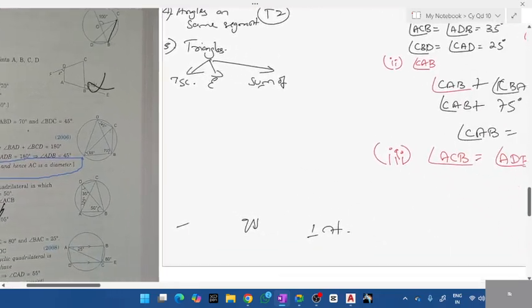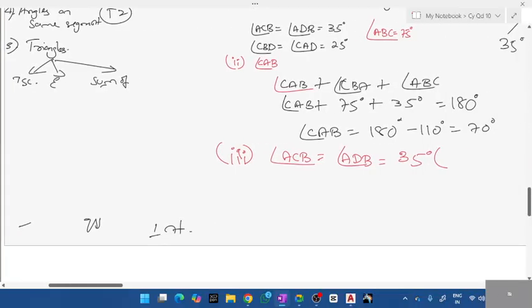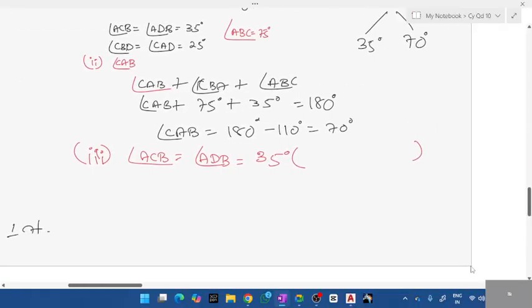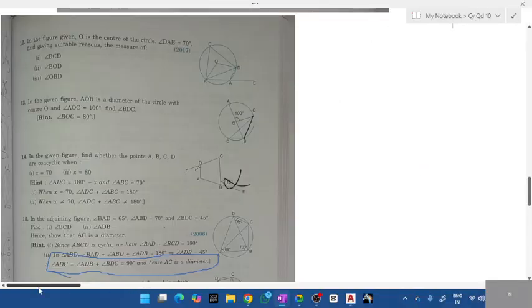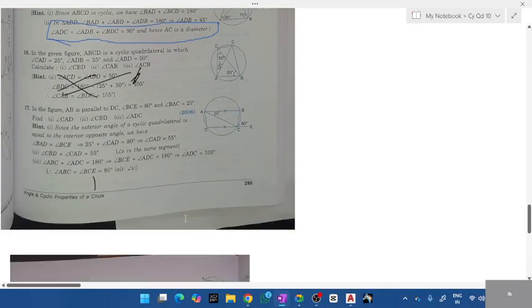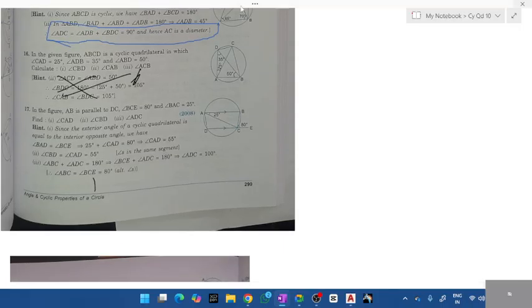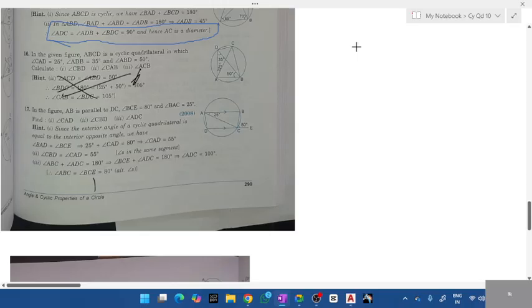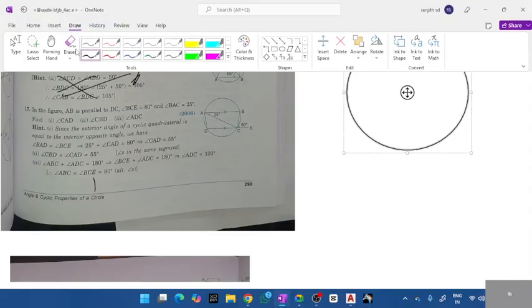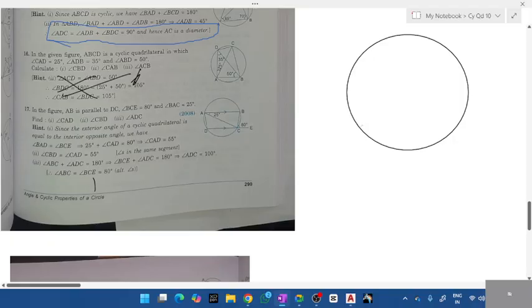Try the 17th one. See, don't look at this.